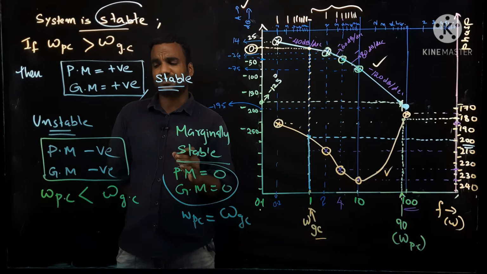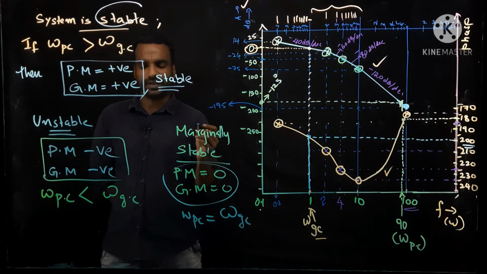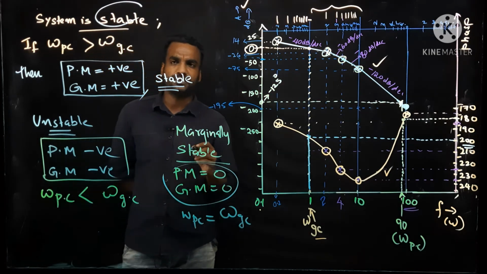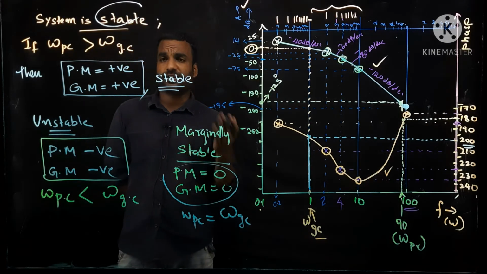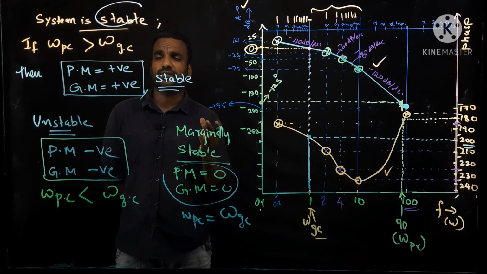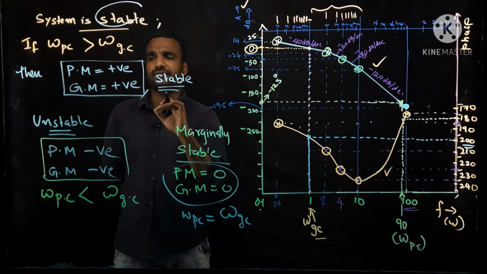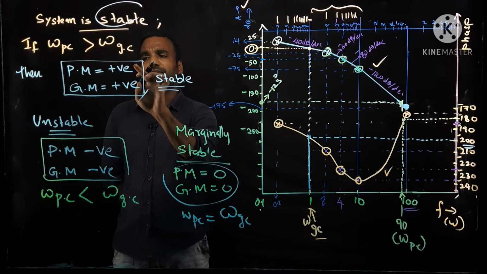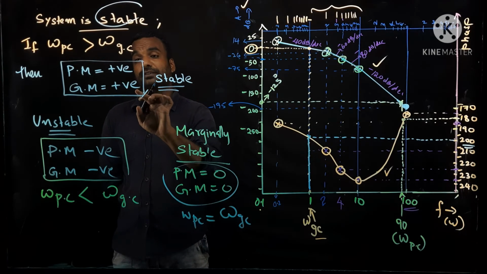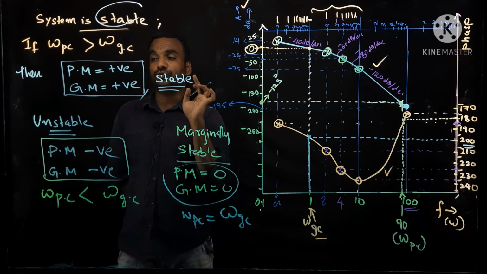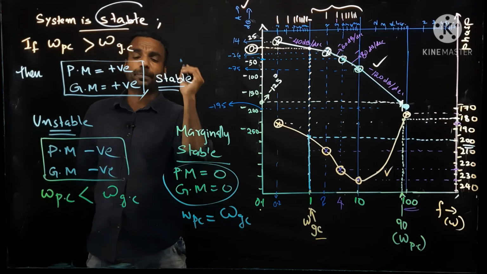And one more thing: if one of gain margin or phase margin is positive and the other one is negative, then stability cannot be determined.